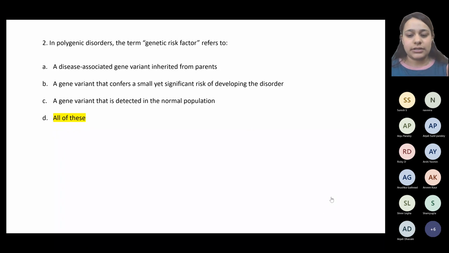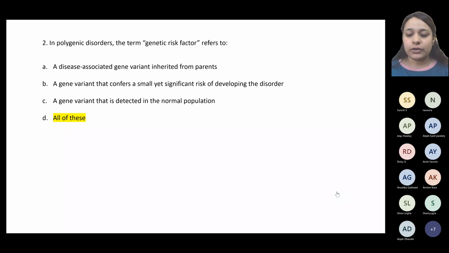Apart from this, it confers a small yet significant risk of developing the disorder. So since it is present in the normal population, not all individuals that have this genetic variation would get the disorder, but it would put these individuals at risk of getting this disorder, right? So this statement is also true.